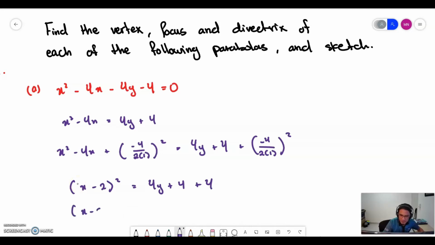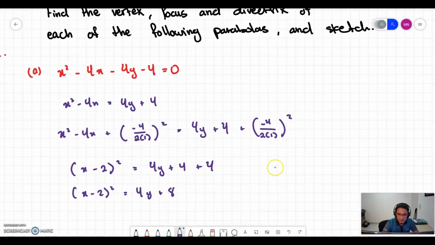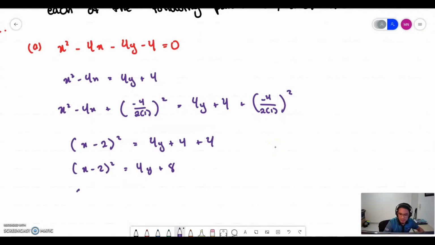Then it will be (x minus 2) squared equals 4y plus 8. Then we factorize the right side of the equation, which gives us (x minus 2) squared equals 4(y plus 2). Now we have the standard form of the equation.